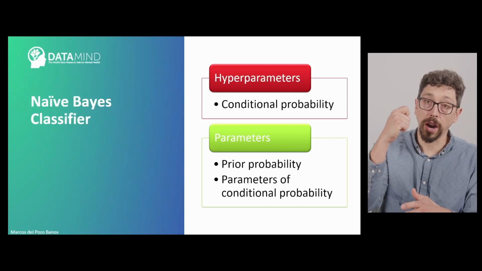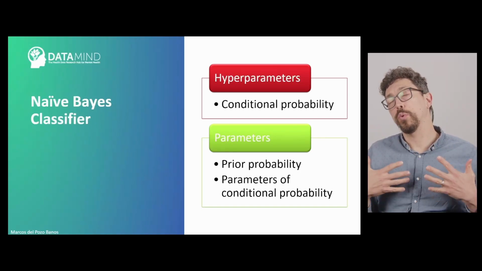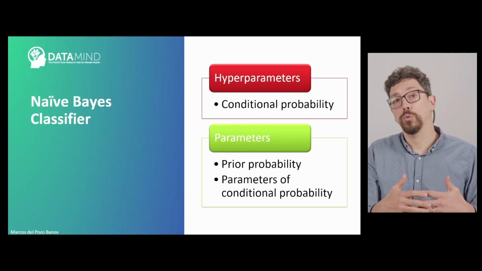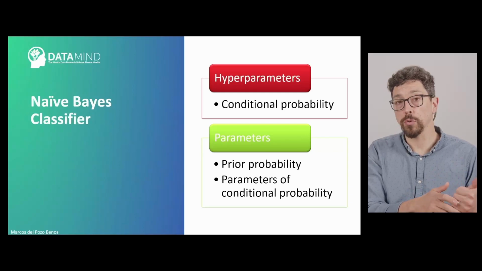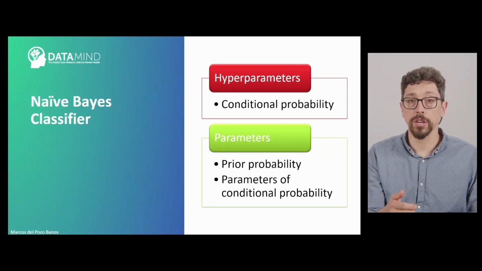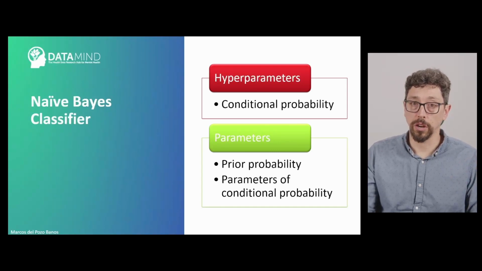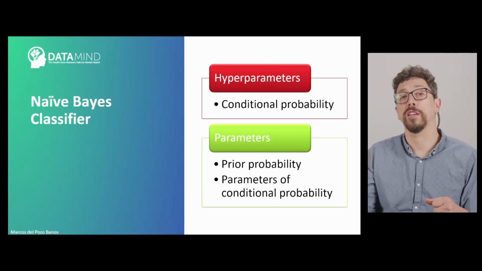In terms of the parameters, which is what we can automatically find out from the training data, the parameters are the prior probability, as we saw earlier, and the parameters of the conditional probability, again, as we saw earlier. In the case of the Gaussian distribution, that would be the mean and the standard deviation, for example.